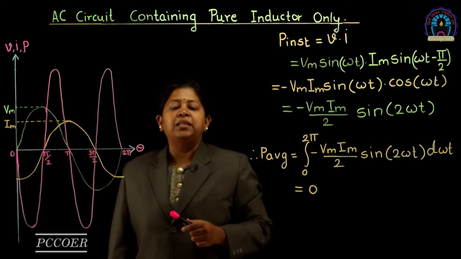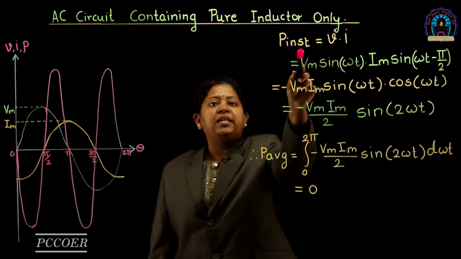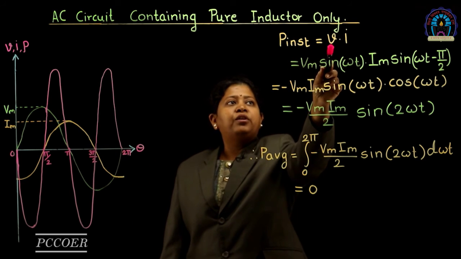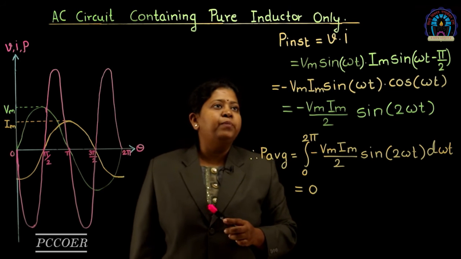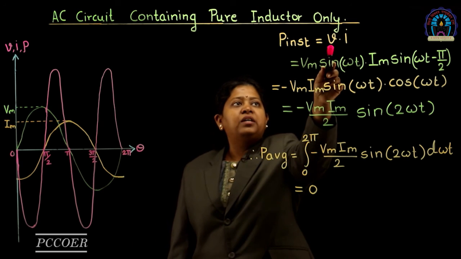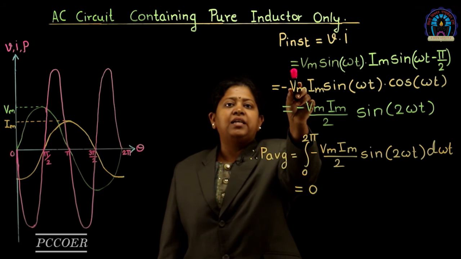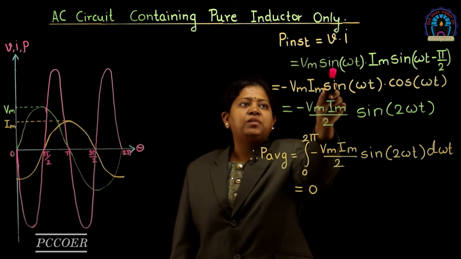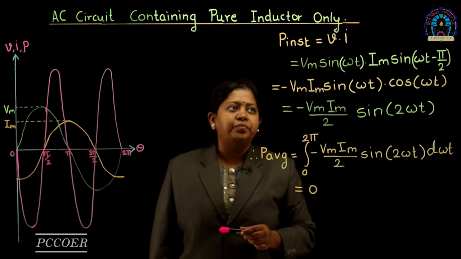Now let us see the mathematical expression for instantaneous power. P instantaneous is equal to the product of instantaneous voltage and instantaneous current. If we substitute the expression for instantaneous value of voltage and current in this, we can write P instantaneous is equal to Vm sin omega t into Im sin omega t minus pi by 2.